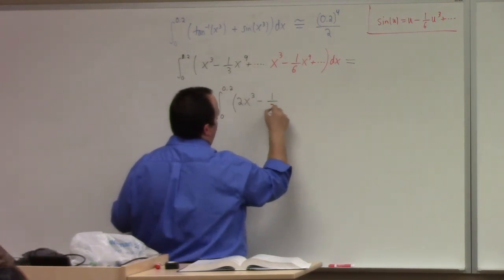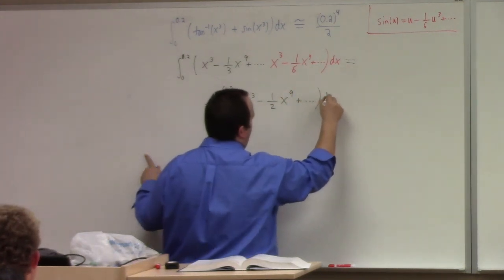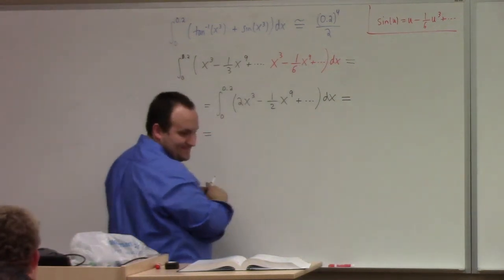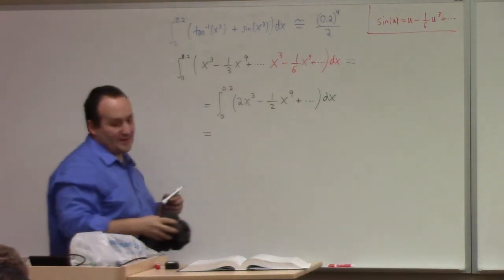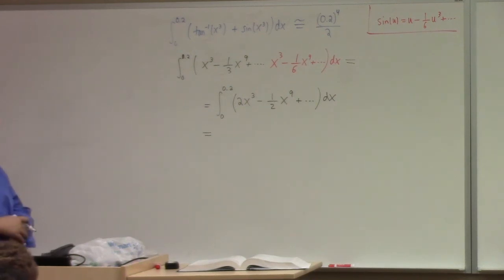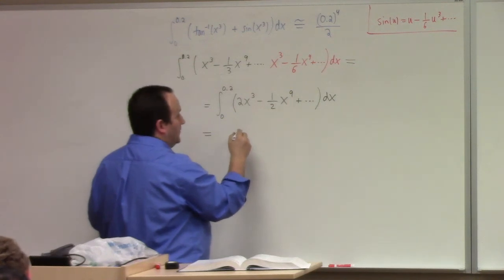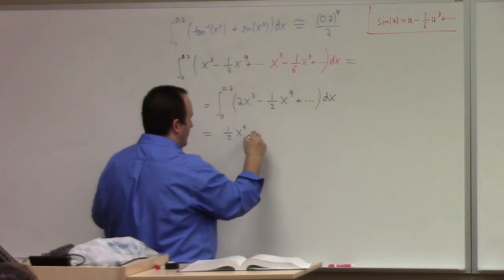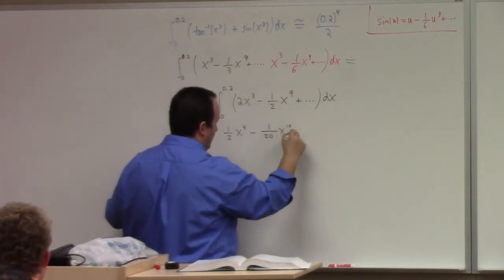Minus 1/2 x to the 9th. I'll remember that. Sorry. Because a half plus a sixth plus a third is a half, right? Yeah. Okay, so then what's this? This is, well, it's 1/2 x to the 4th, right? Minus 1 over 20 x to the 10th plus dot, dot, dot.